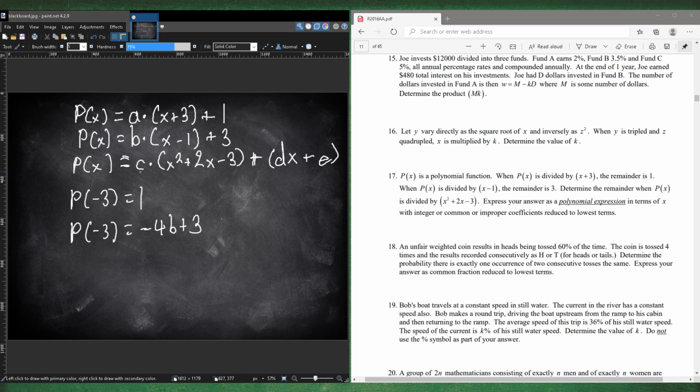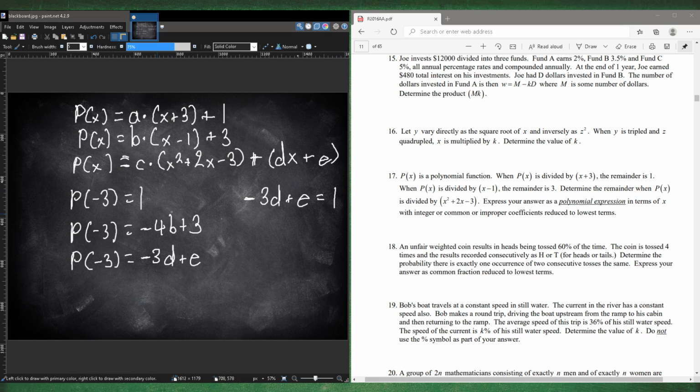Now we plug it in here also. We have p of -3, this is 9, and then plus -6, which is 3, and then 3 minus 3 is 0, so c times 0 is 0, and then you plug in -3 here, so -3d plus e, and we know that -3d plus e has to equal 1, so we know that is true.